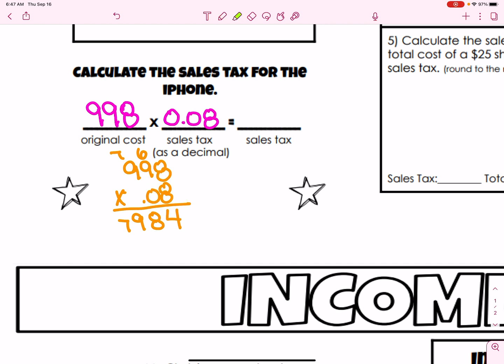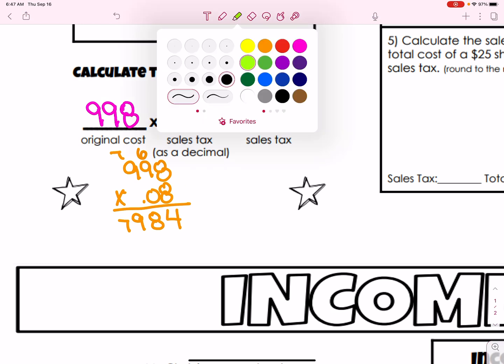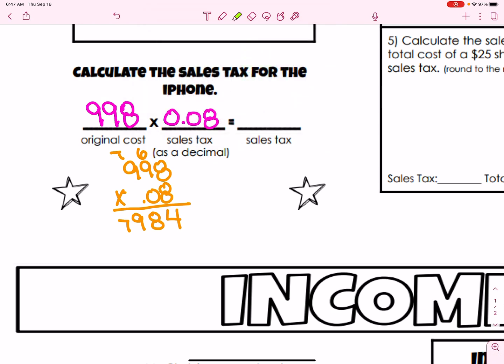We have 2 numbers behind the decimal in our problem. So in our solution, we need to have 2 numbers behind the decimal in our solution. So the sales tax for this phone is going to be $79.84. And that's just for the tax.